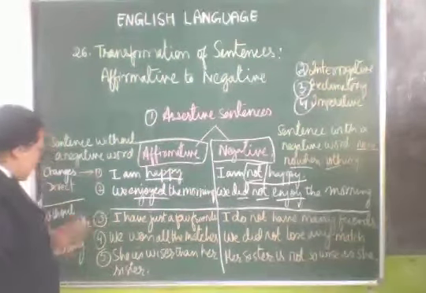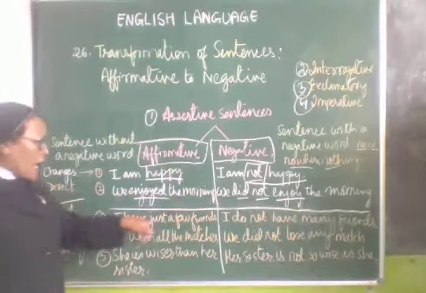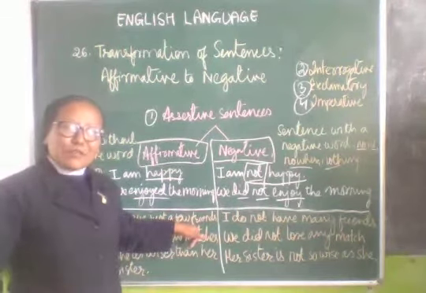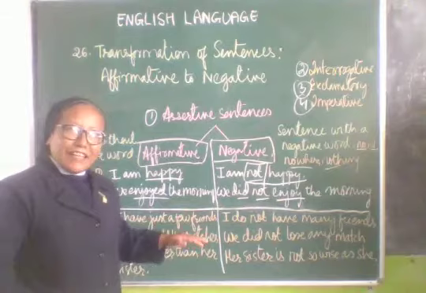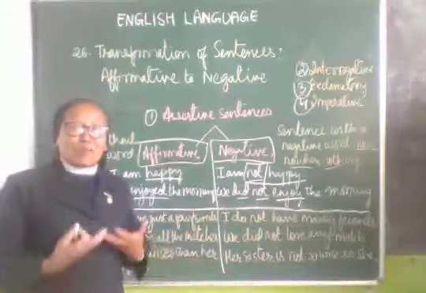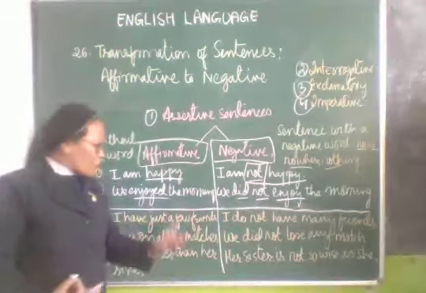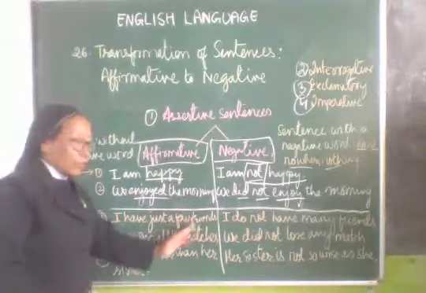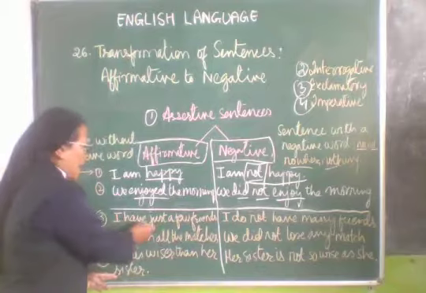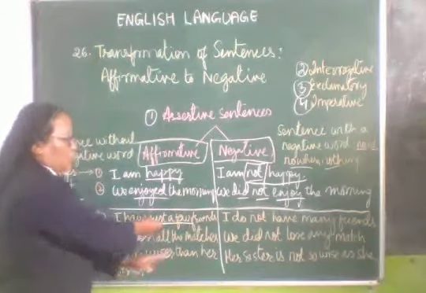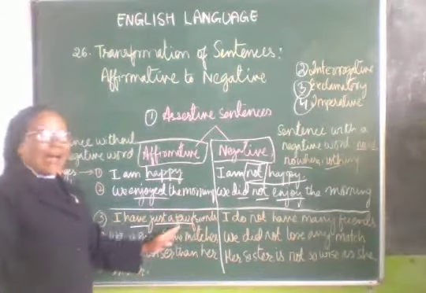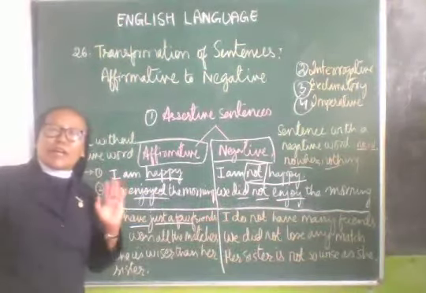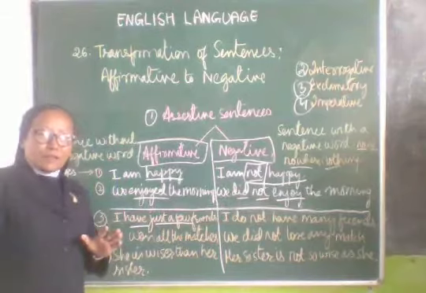All right. Now see. I have just a few friends. I do not have many friends. I have just a few friends. So this is an affirmative sentence. Now I have to change that into negative, but I should not give a negative meaning to that.